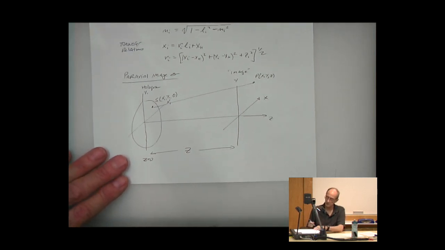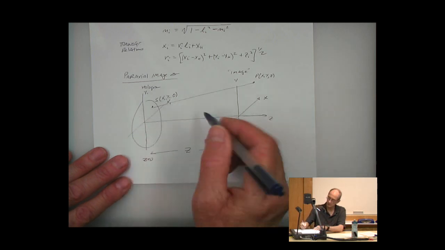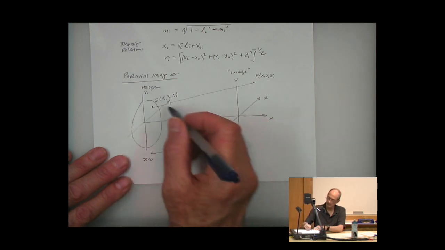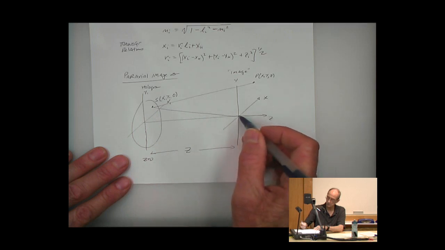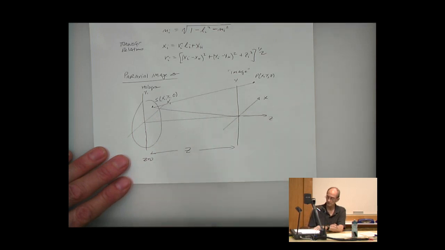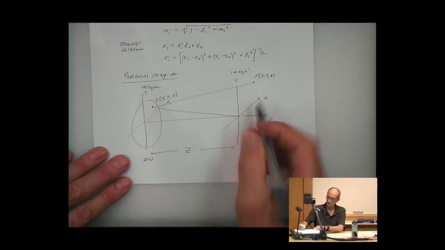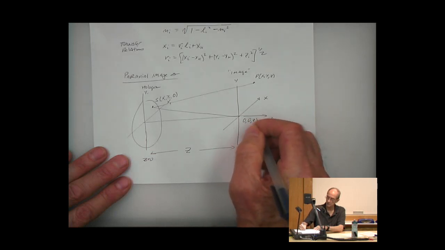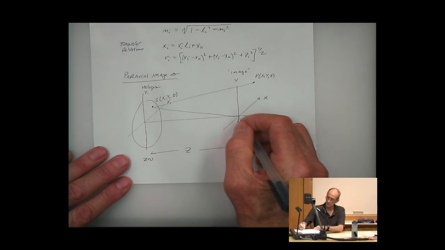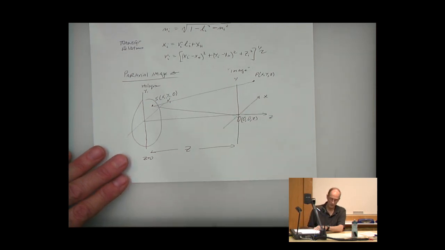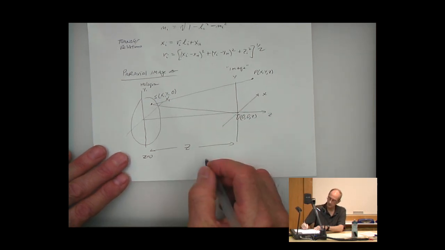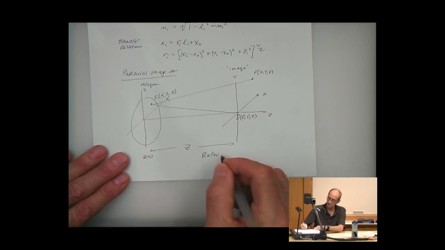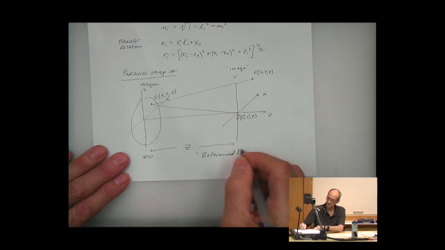As I mentioned, we would get a very large number for that, so it's often useful to reference this phase to a position relative to the axis here, 0, 0, z. We'll call that O. And so the phase that we'll take will be what we refer to as a referenced phase.